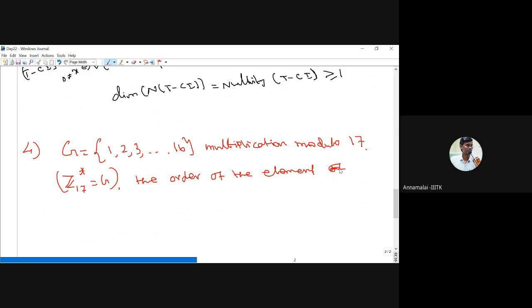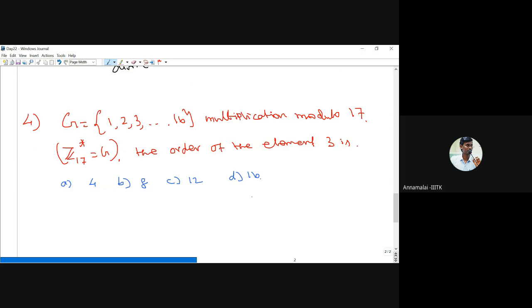Order of the element 3 means 3 power something should be 1 modulo 17. So what is the number? The options are, first option 4, second option 8, third option 12, and fourth option 16.